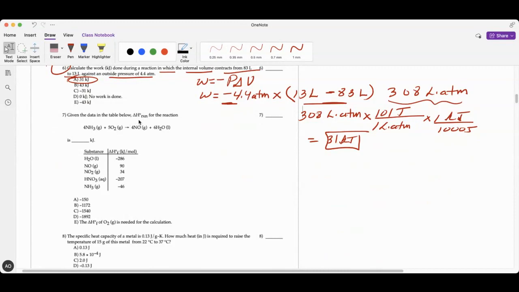Given the data in the table below, the standard enthalpy change for the reaction, so here's the reaction, is how many kilojoules. So we start with the products, the 4 moles of nitrogen monoxide, and we'll multiply that by 90 kilojoules per mole.